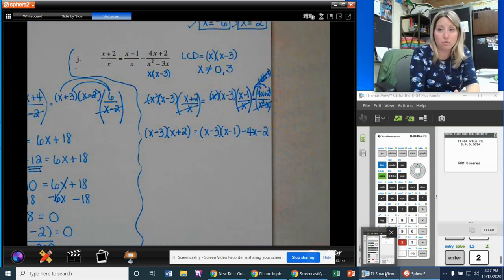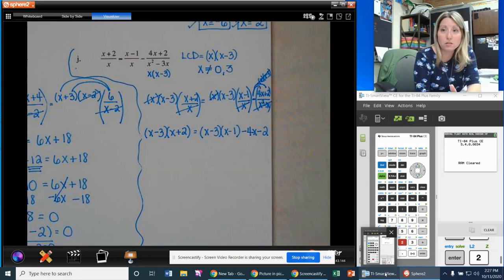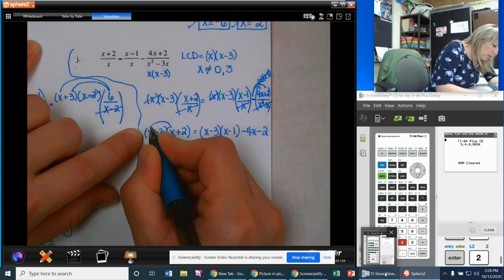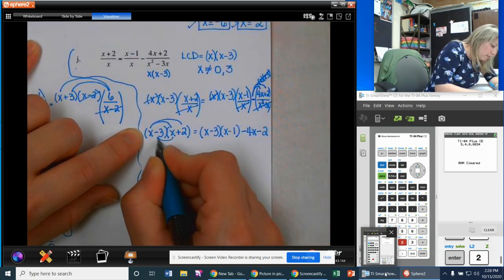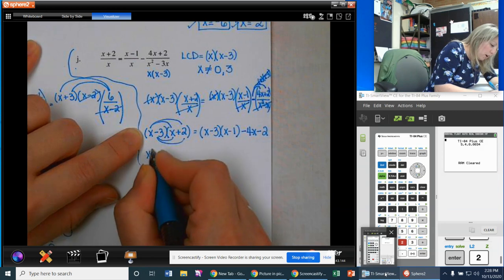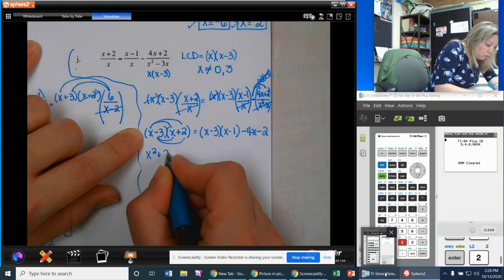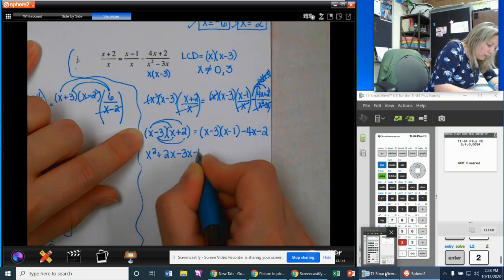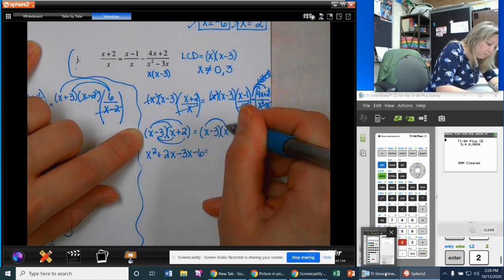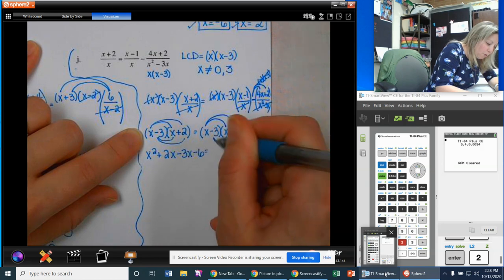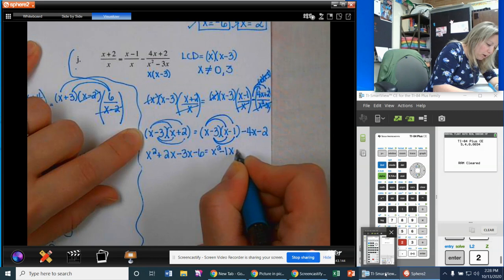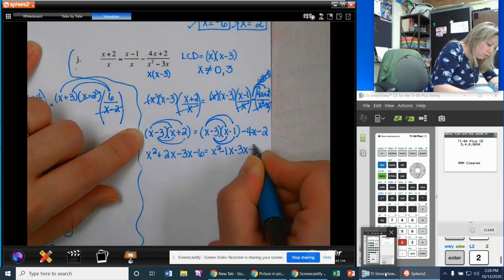So I'm going to FOIL these, but you're going to notice that this is not a quadratic that you have to solve, and you'll see that when I FOIL, okay? You are going to get x squareds in the initial FOILings. x squared plus 2x minus 3x minus 6 equals, okay, FOIL again. 4 multiplications, x squared minus 1x minus 3x minus 3.